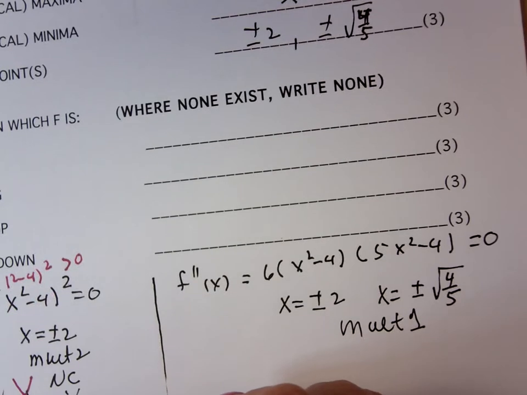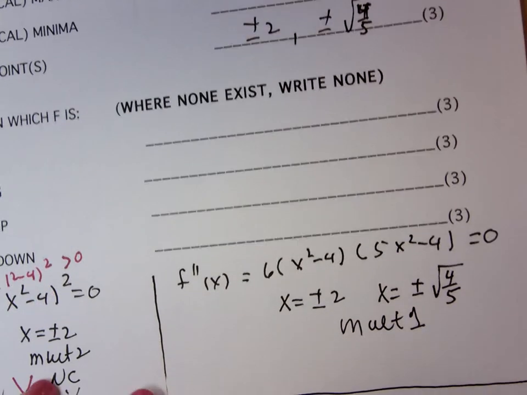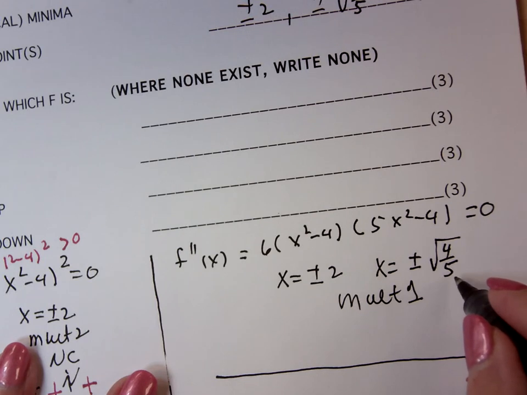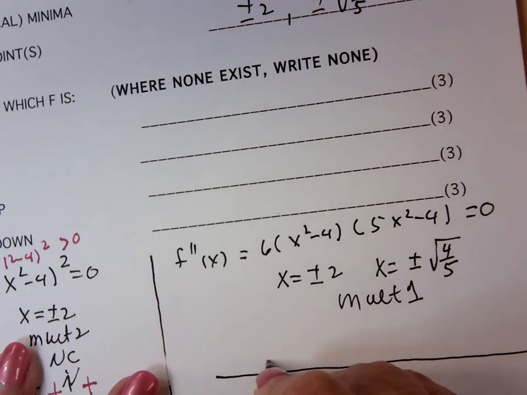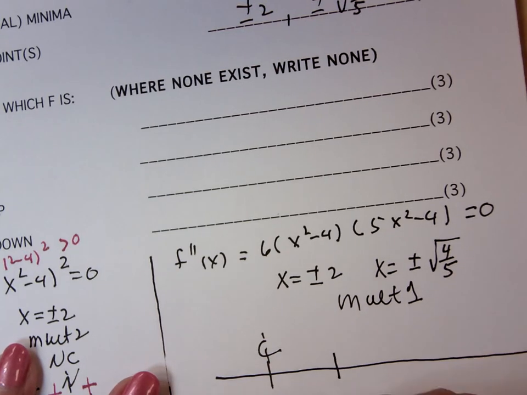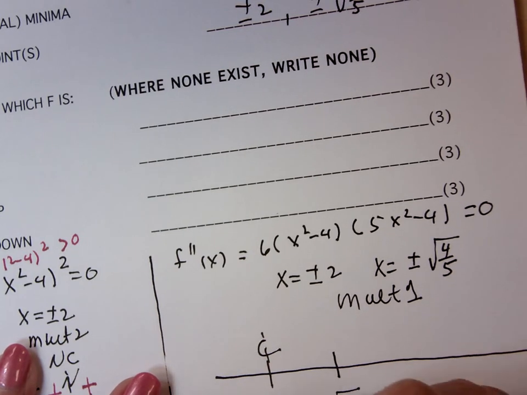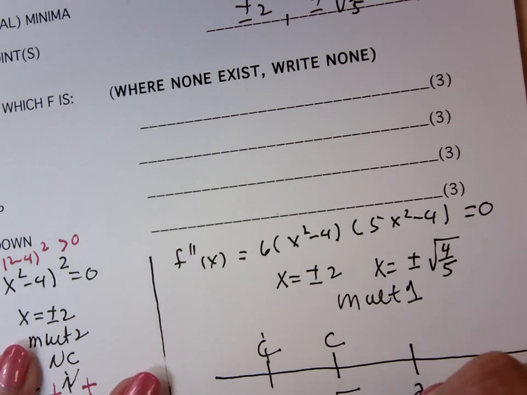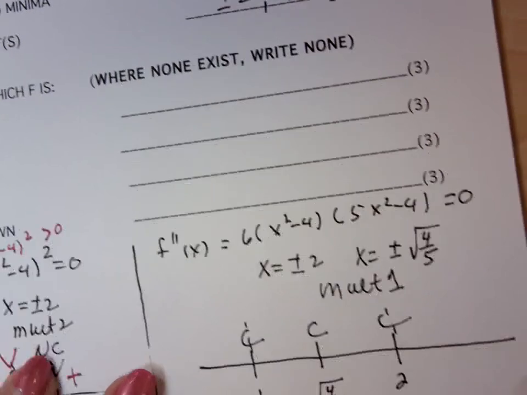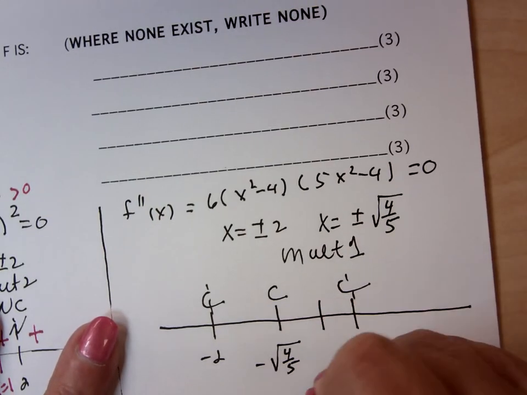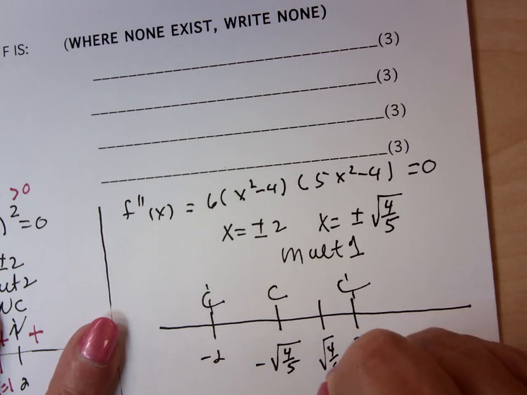So now we go to find concavity. This is going to be about 0.8 or 0.9. So I'm going to have negative 2, change, negative square root of 4/5, change, 2, change, and let's not forget the other guy, square root of 4/5, change.